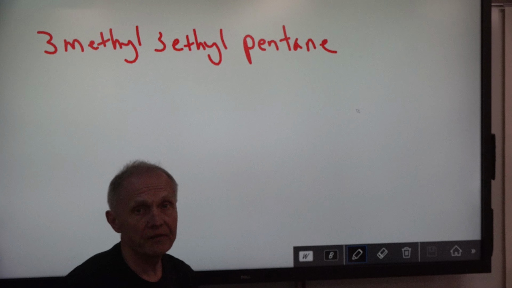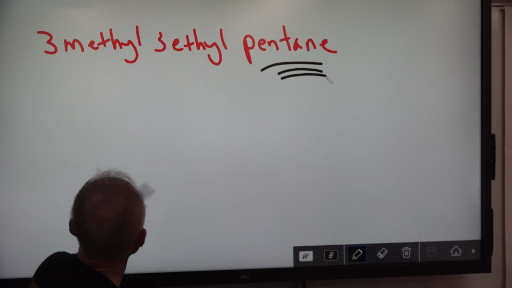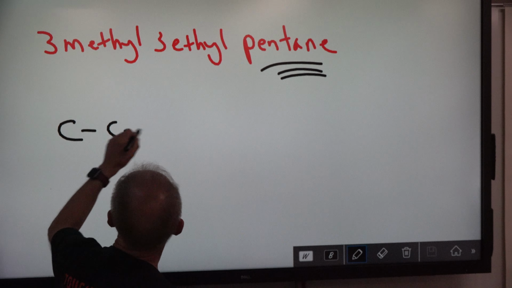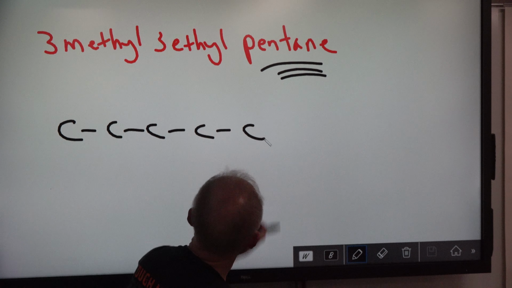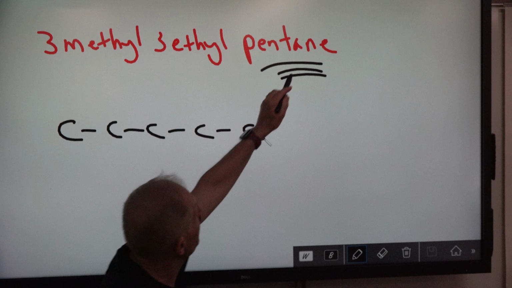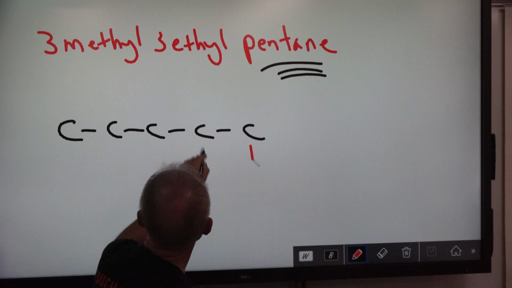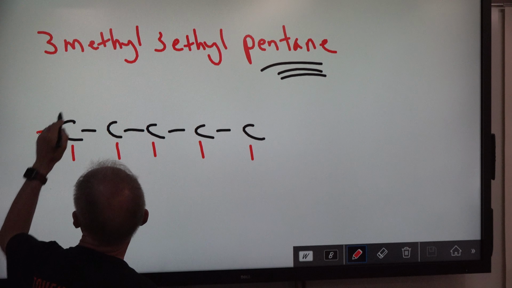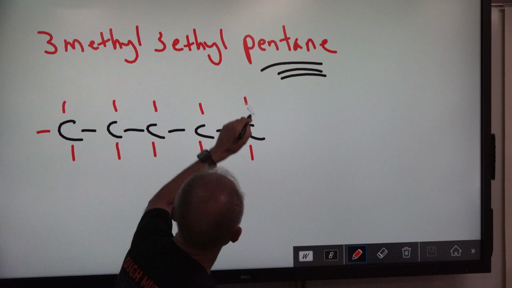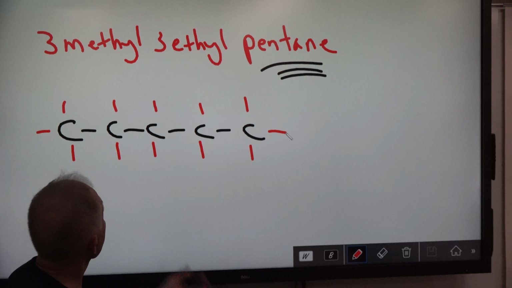The first thing I have to do is look at the trunk. It's pentane. 1, 2, 3, 4, 5. So there's the pentane trunk. There's no double or triple bonds because it ends in ane. Now, all I have to do is put 3-methyl and 3-ethyl in there.